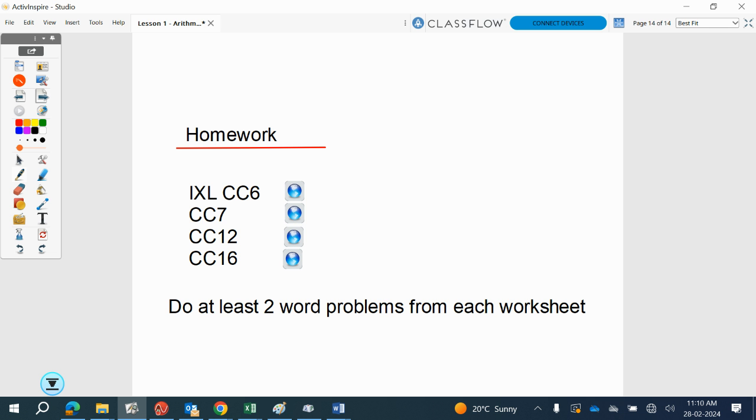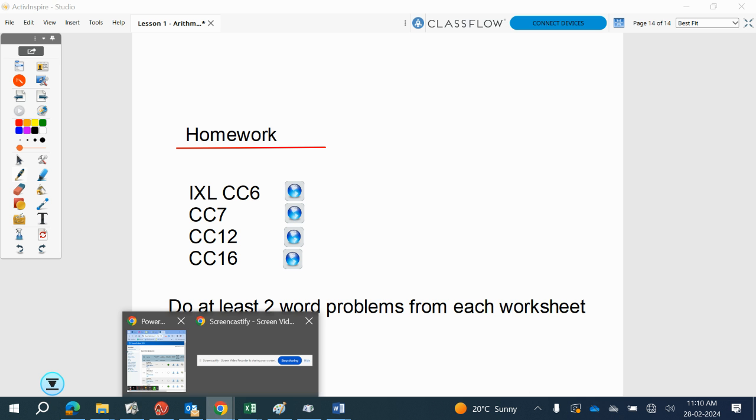That should be enough. On the worksheets, there's lots of questions about finding the recursive and explicit formula, so you don't necessarily need to do all of those. Mostly what I want you to do is the IXLs and at least 2 word problems from each worksheet. You can do a couple more if you want.